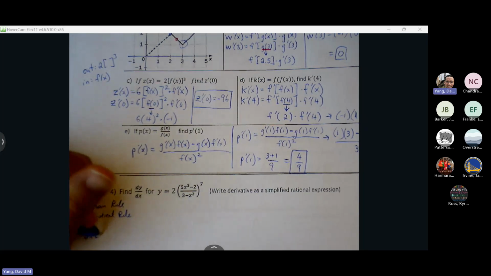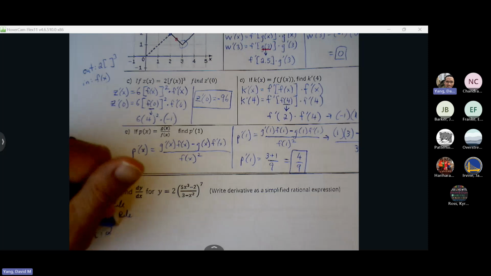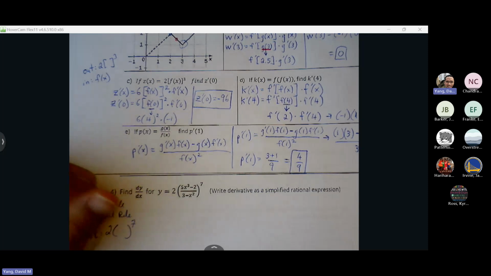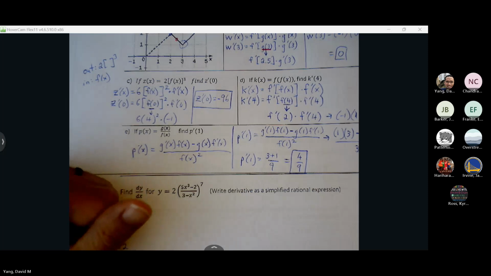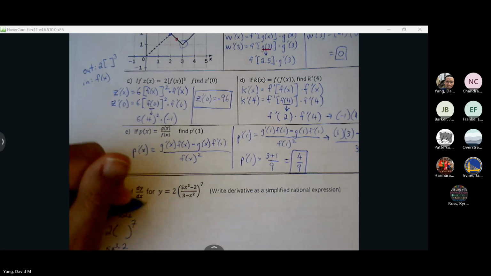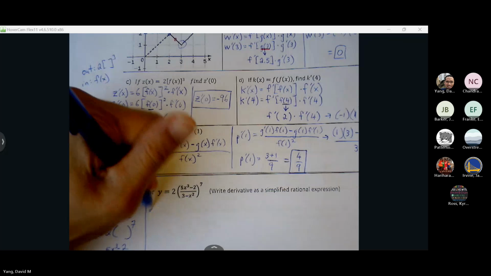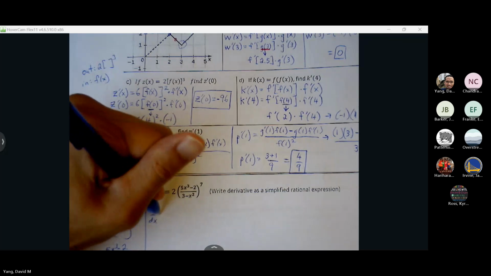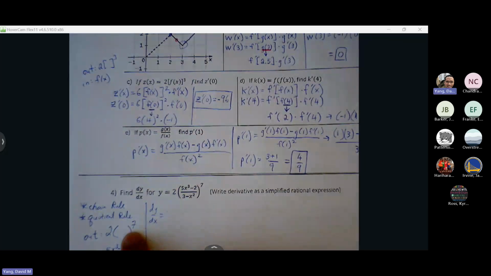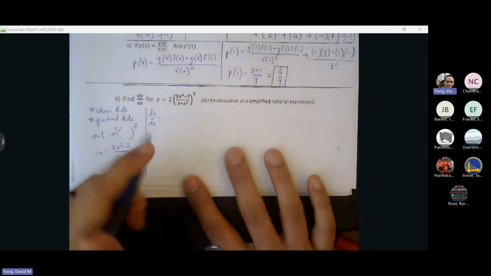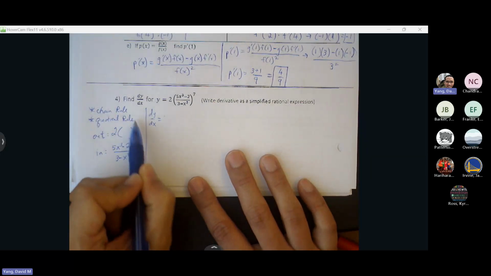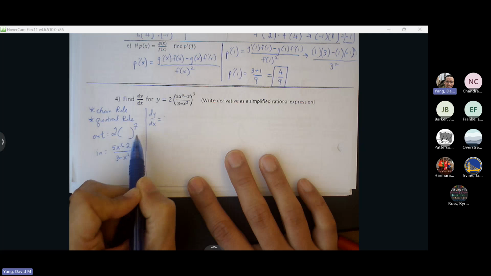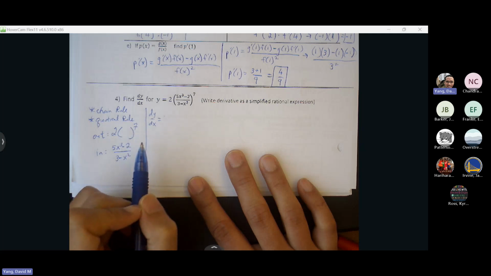So the outside portion is that 2 parentheses to the 7th. The inside portion is the fraction. Right, so we take care of the outside's derivative first, 2 parentheses to the 7th, that's just power rule, 14 parentheses to the 6th.